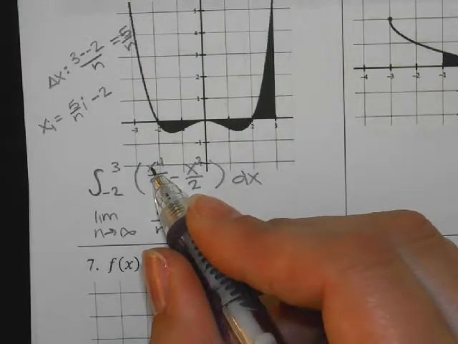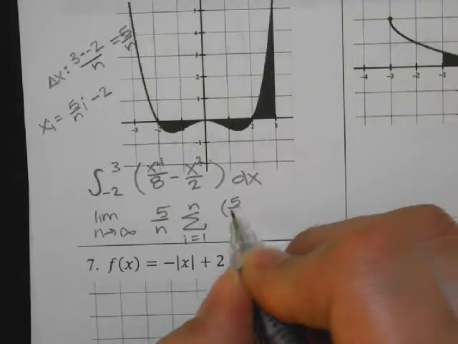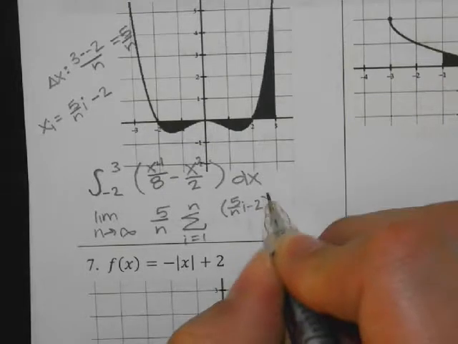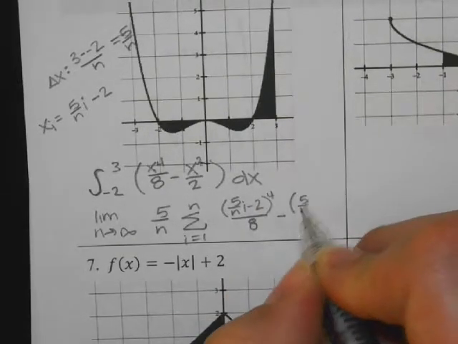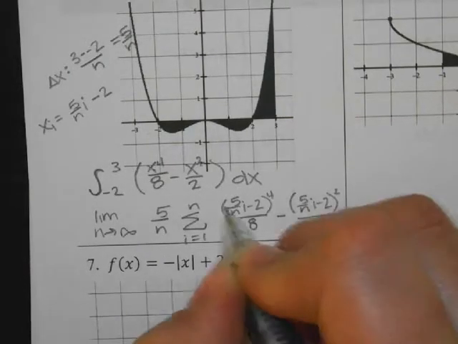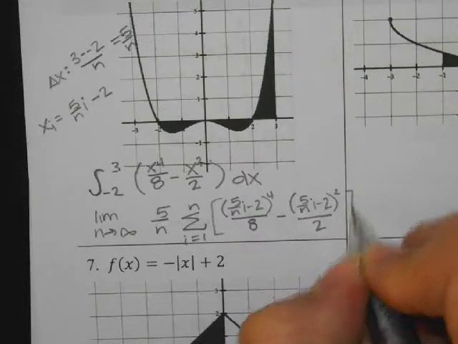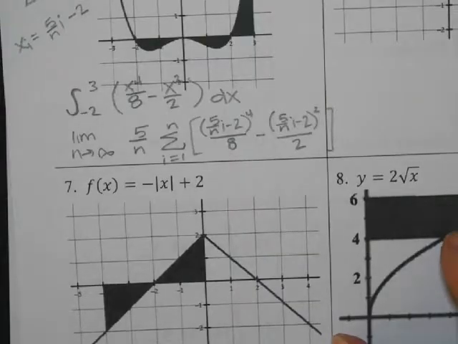What are we plugging in for x? So (5i/n - 2) to the 4th power over 8 minus (5i/n - 2) to the 2nd power over 2. Putting that in brackets. So those are our two different forms.